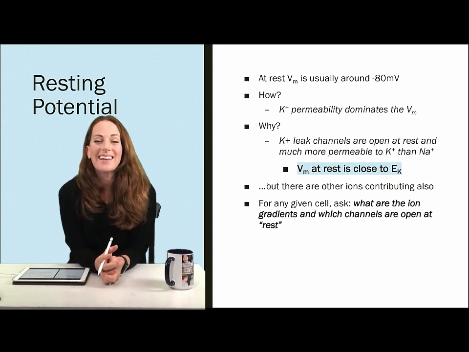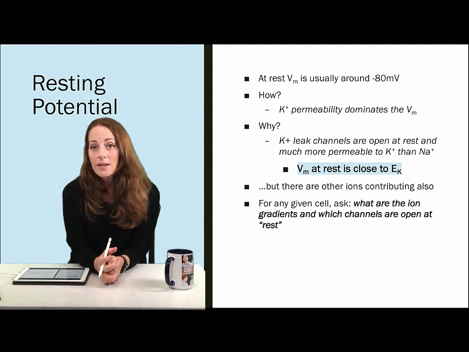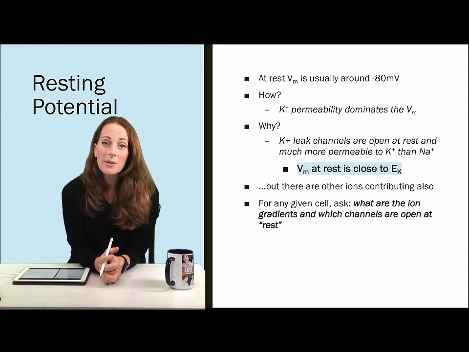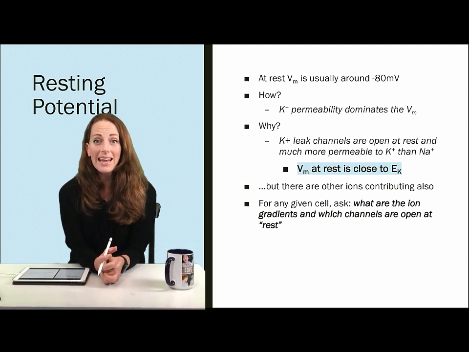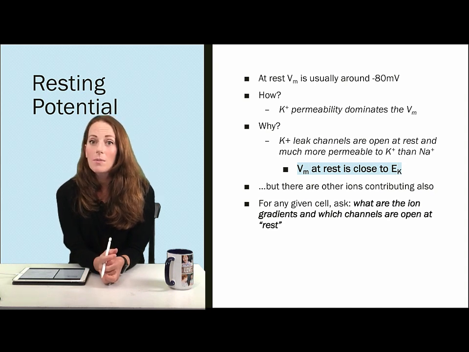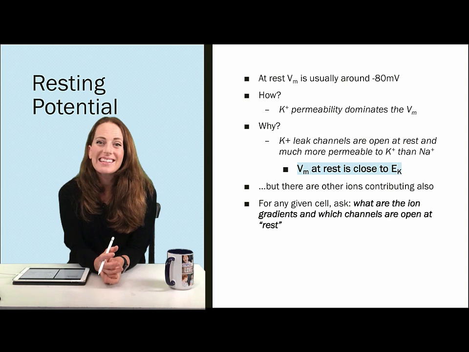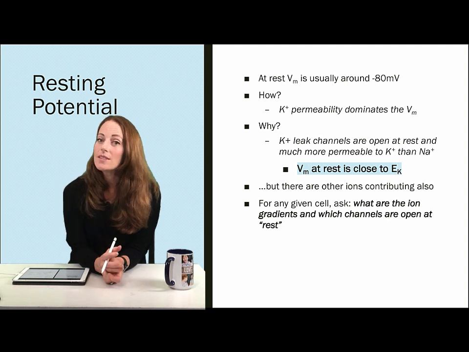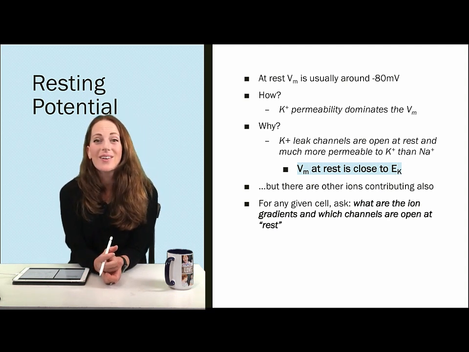So let's look at some values at different times of the membrane. I've told you that the resting membrane potential is usually minus 80. So now that we know the equilibrium potentials for potassium and sodium, which ion do you think is dominant at rest based on the information we've given you? If you said potassium, you're correct.